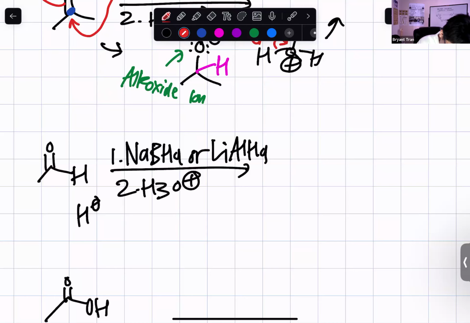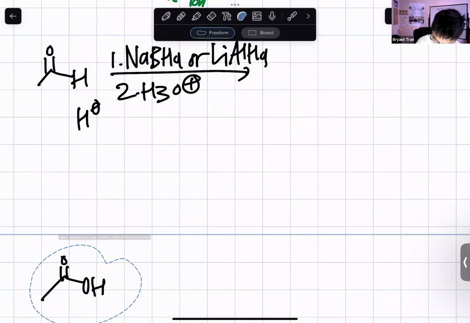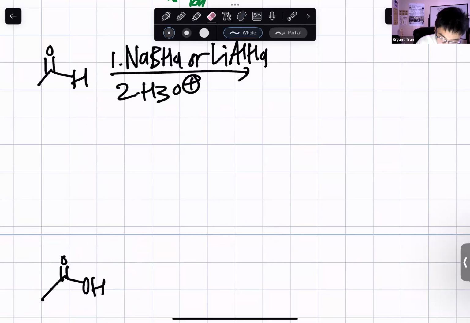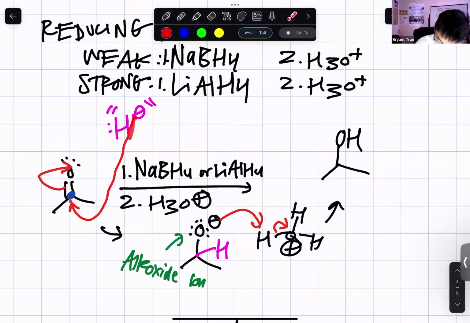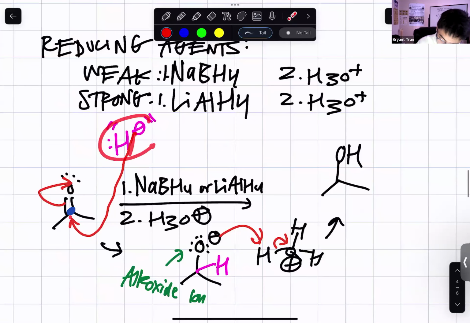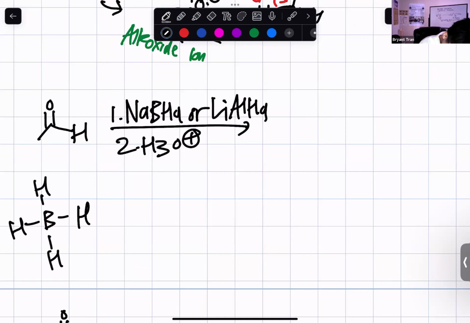That's right. And if you want me to be more accurate in this mechanism, think about the hydride ion as the thing that is attacking the carbon, which it is, but it will not be floating by itself. The hydride ion is coming from, let's say if we use sodium borohydride, this is what it would look like.